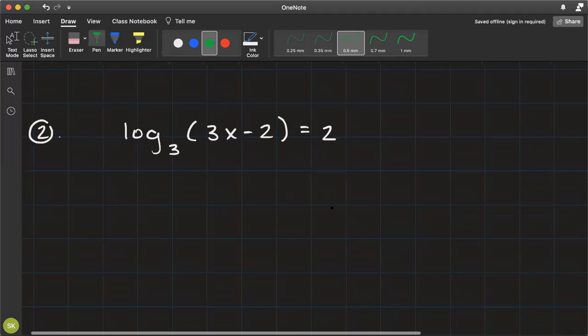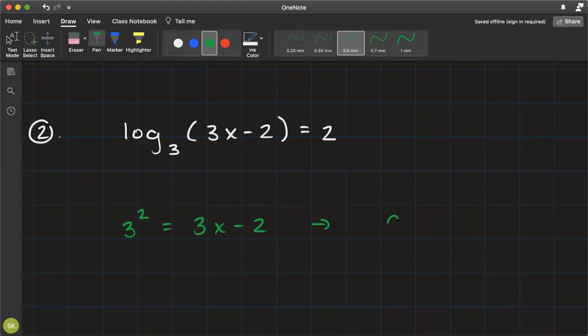Here's the second problem. I have log base 3 of 3x minus 2 is equal to 2. Okay, I'm going to do the same thing I did before. I'm going to switch this to an exponential statement. So this says the base 3 squared is equal to 3x minus 2. Well, from there I can see that 9 is equal to 3x minus 2.